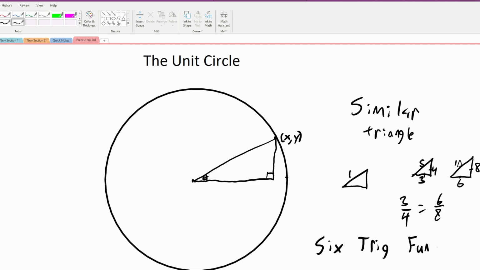Most of you have heard of these before, and most of you have heard some of the relationships between some of them, things like SOHCAHTOA and so forth. We're going to go specifically into how these are every possible combination of our x, y, and hypotenuse of 1.